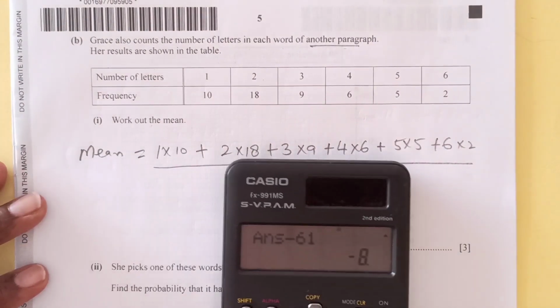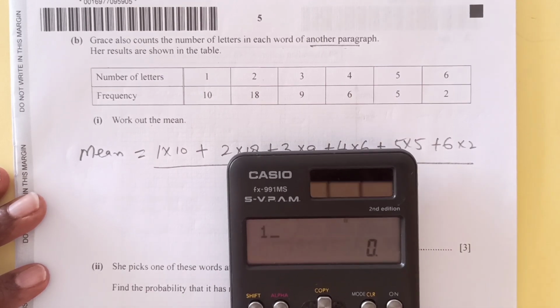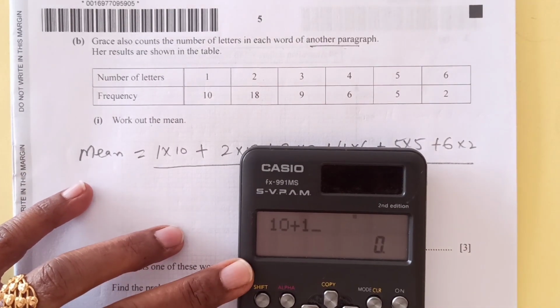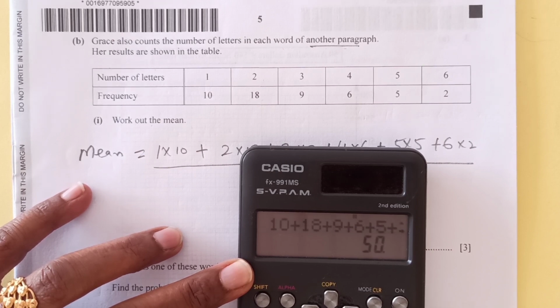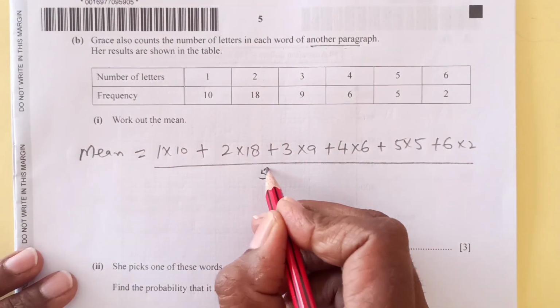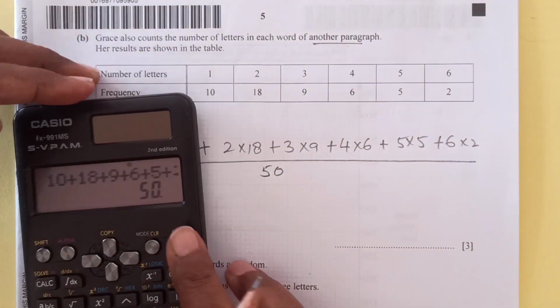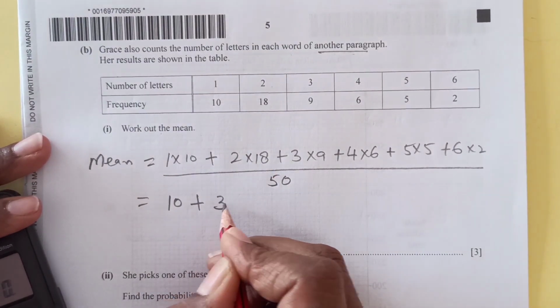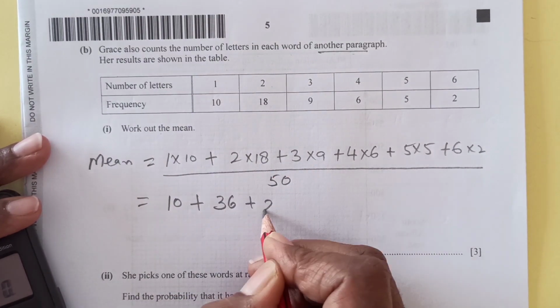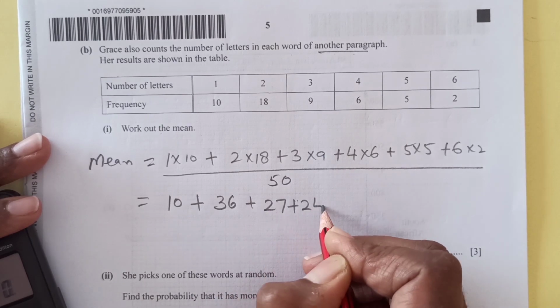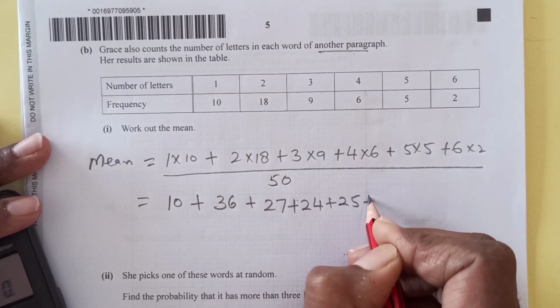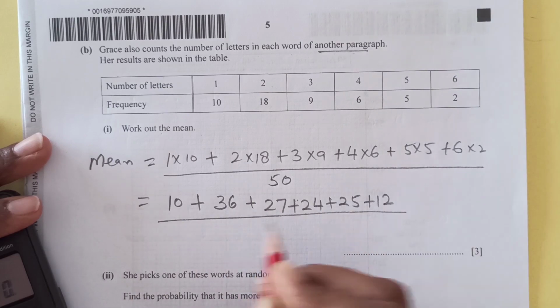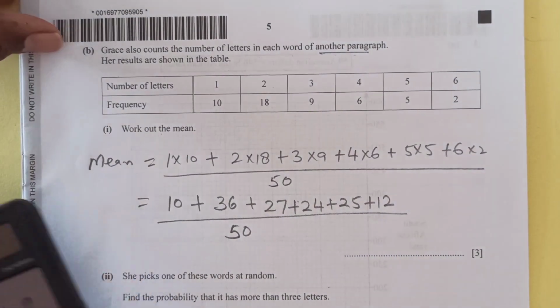How many are they? Let's see. It's 10 plus 18 plus 9 plus 6 plus 5 plus 2, which is 50. So divided by 50. So let's see, this is 1 times 10, 2 times 18 is 36, 3 times 9 is 27, 24, 25 plus 12 over 50.